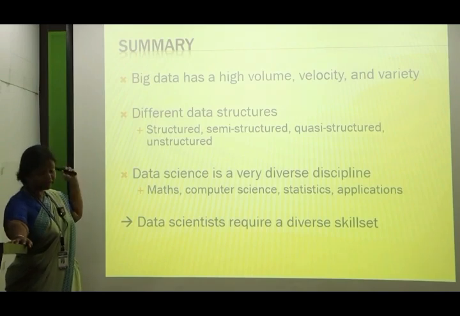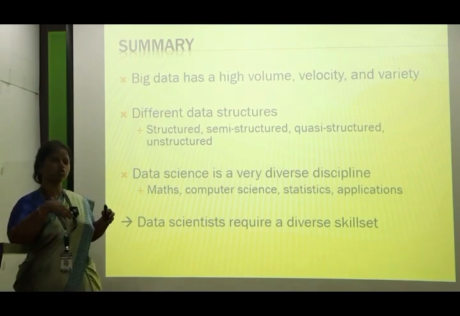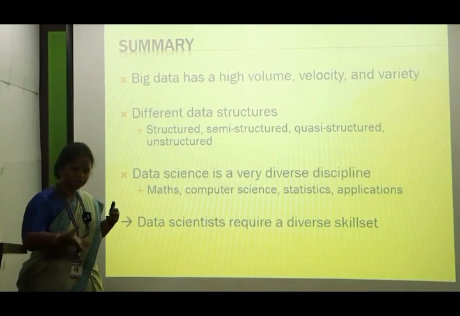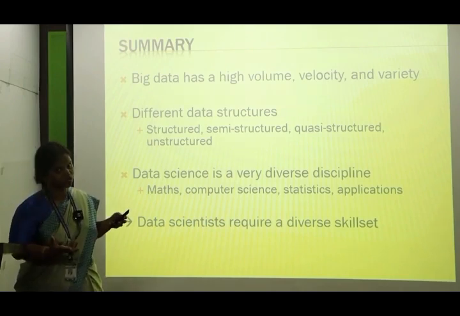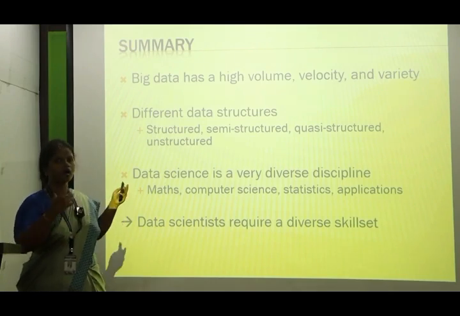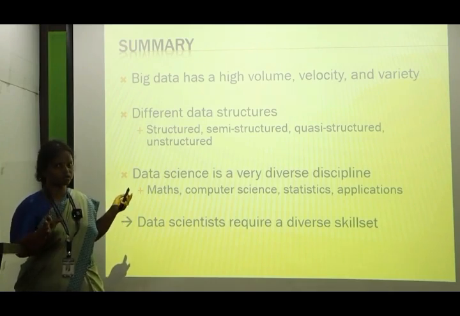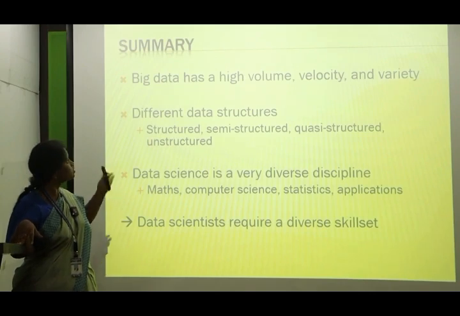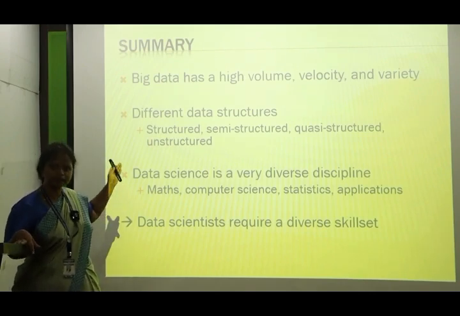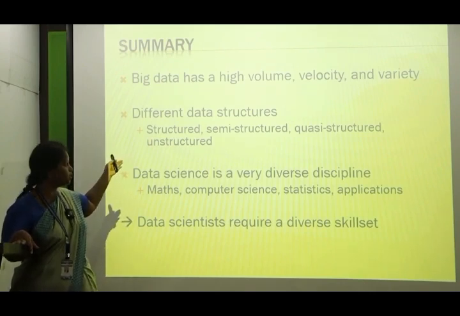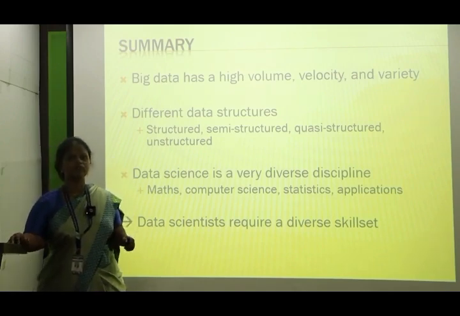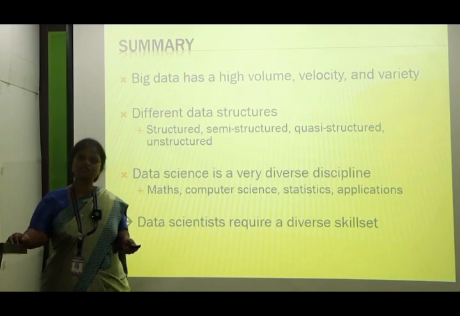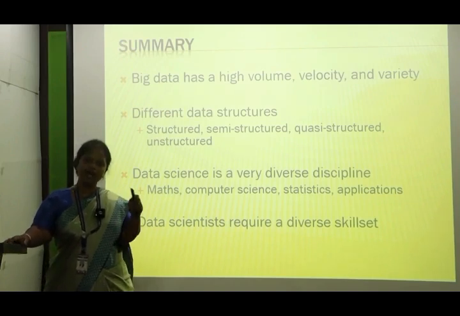We have learned about the different types of data: image, audio and video are called unstructured data, and other data are called structured data. To handle all those types of data in large volume, we need data science, and we need a data scientist as well.